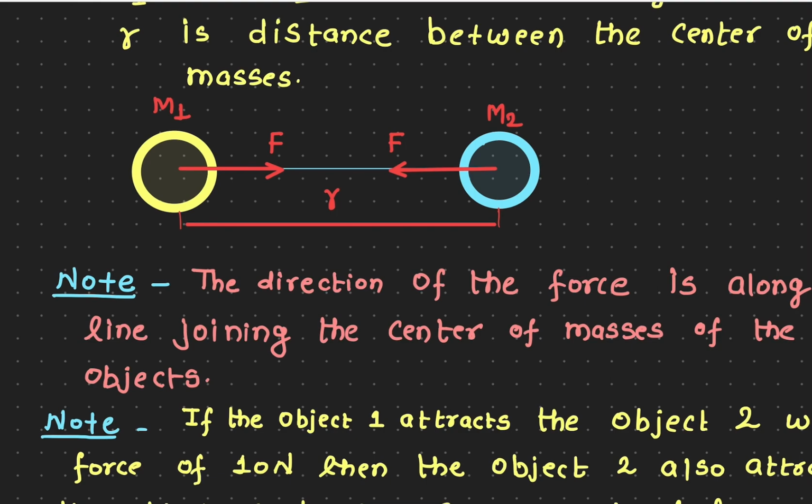That means the force direction cannot be in this way. If I join the centers of the two objects, the force must be along this line here. The first object attracts the second object, and the second object attracts the first, in the directions shown.